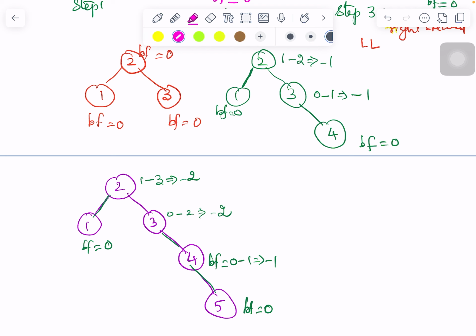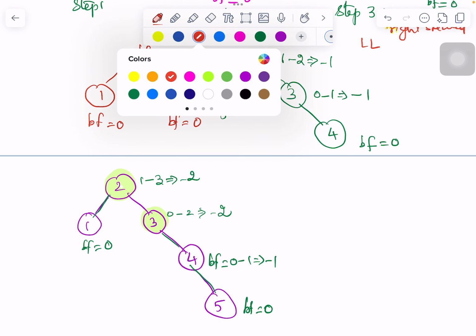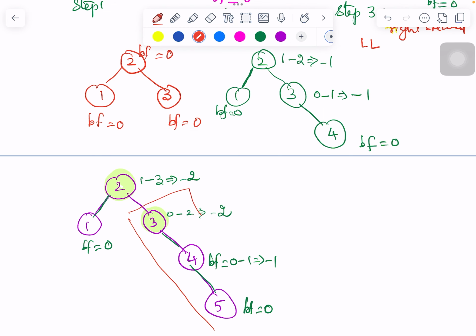So now we find that two nodes are violating the property: node 3 and node 2. So first we have to start from the base. Let us perform the rotation for the node which violates the property first.